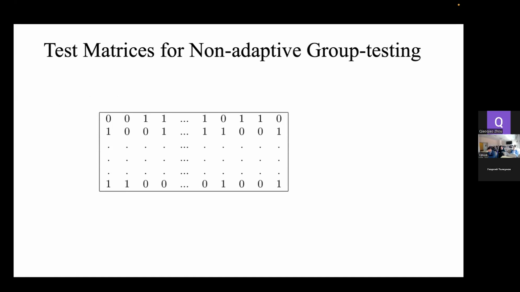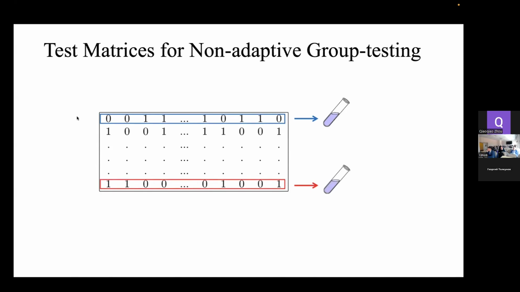So we will use a non-adaptive group testing scheme. All non-adaptive group testing schemes can be described by a testing matrix. What is a testing matrix? We can use a matrix where the rows correspond to the tests. For example, the first row corresponds to the first test, and the last row corresponds to the last test. The columns correspond to the items. The value will always be binary. For instance, if this value is 1, it means this third item participates in the first test.